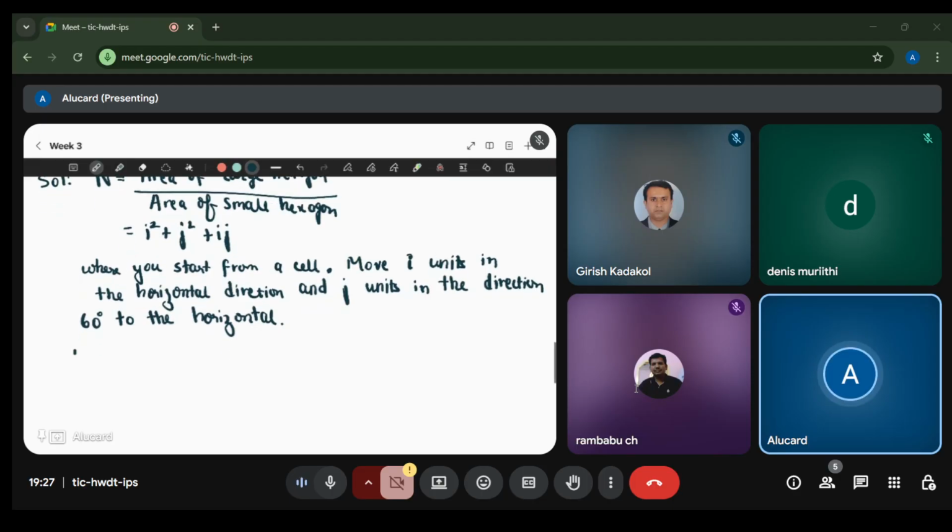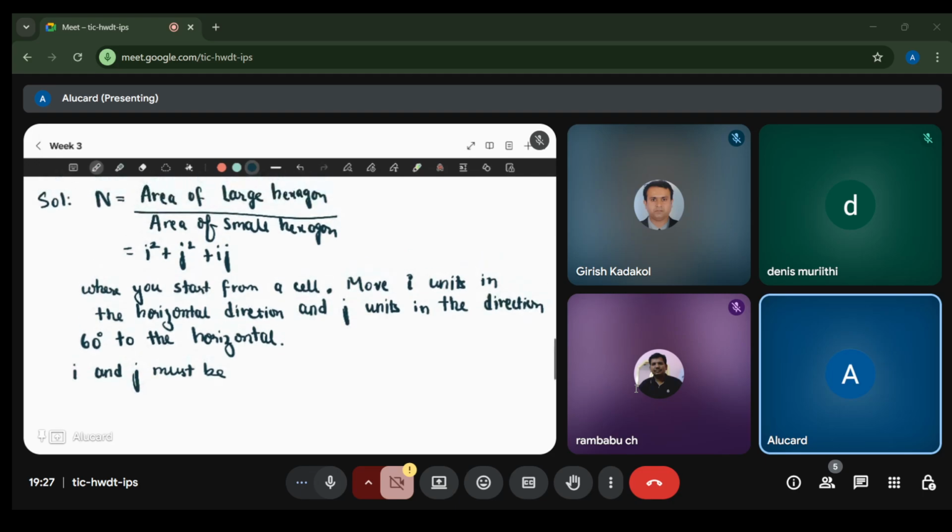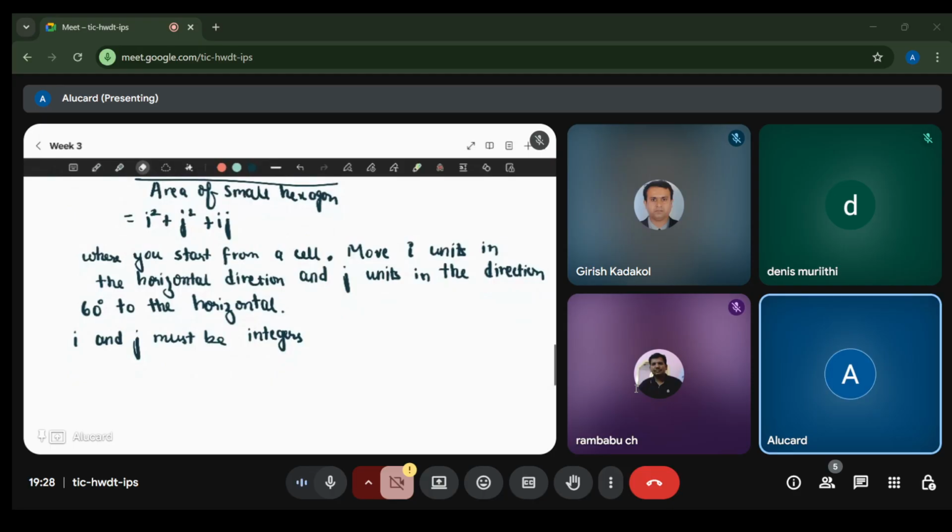So i and j must be integers. Sorry, N must be an integer.